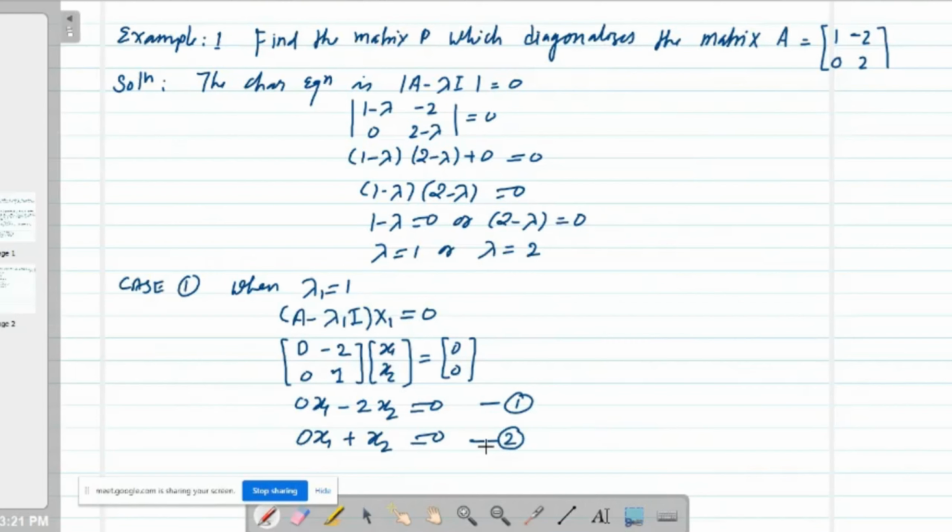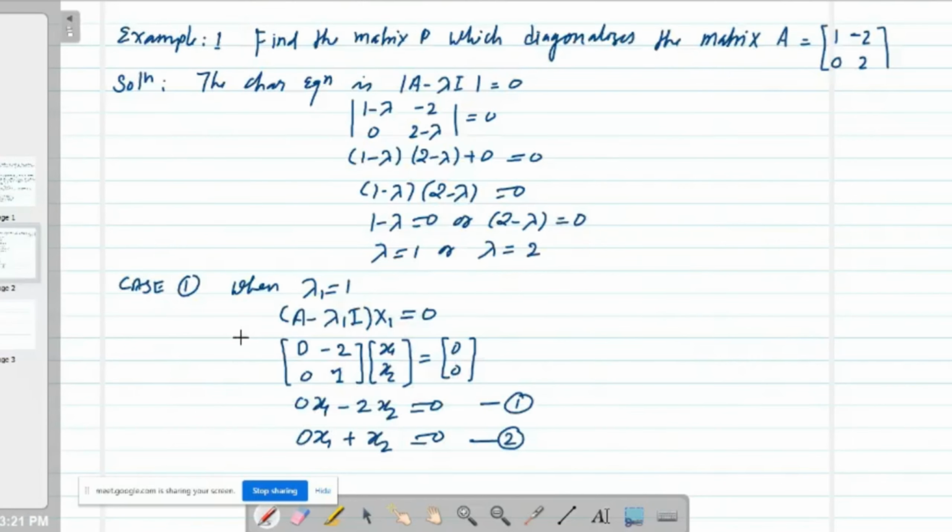Now solving equations 1 and 2. Equation number 1 implies x2 is how much? 0 only minus 2 times x2, so this gives x2 equal to 0.